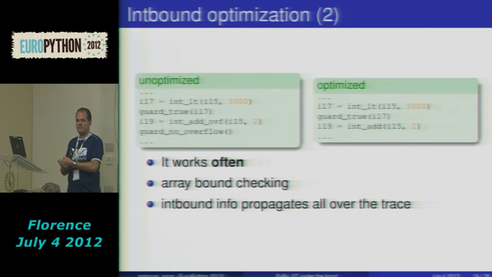So you don't do bound checking when you try to subscript an element. And the information about these bounds propagates all over the trace. So even if you don't think about it, maybe there is this information somewhere, and the optimizer is smart enough to get it.